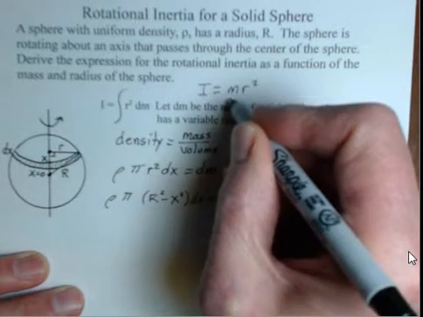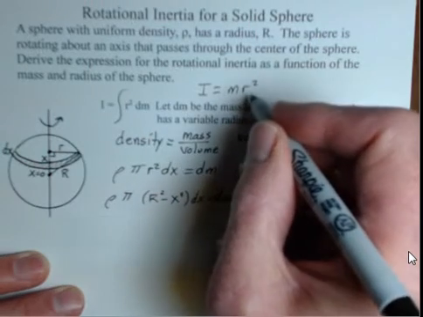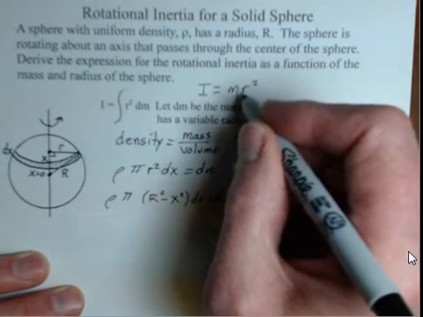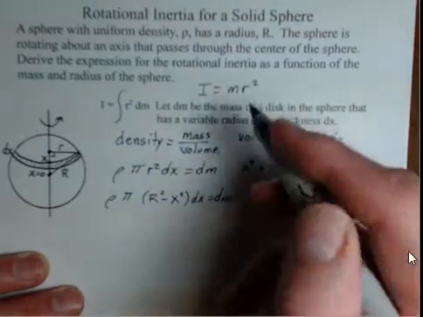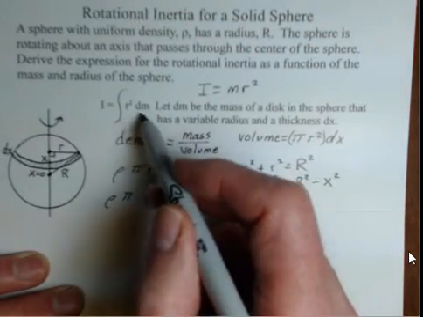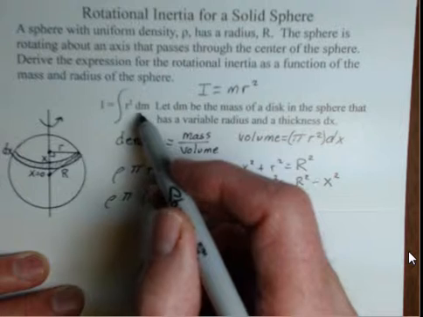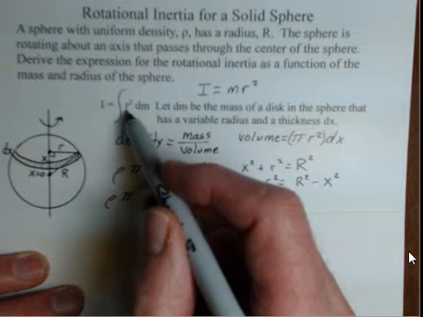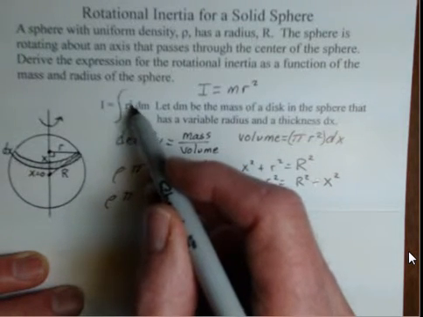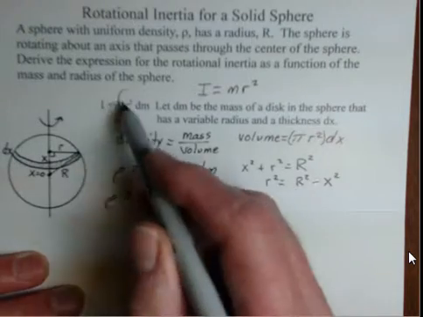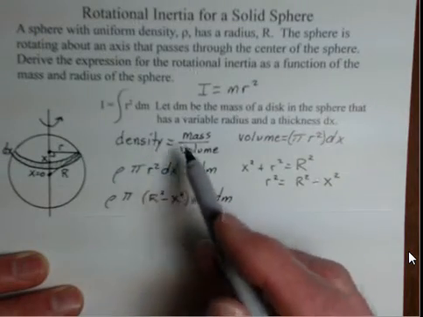If I have a point mass m at some distance r from the axis of rotation, its rotational inertia is mr squared. So we're going to find the infinitesimal masses here, each at a distance of r that's squared, and add all those up using the antiderivative.